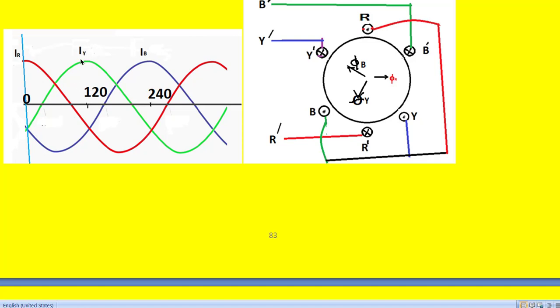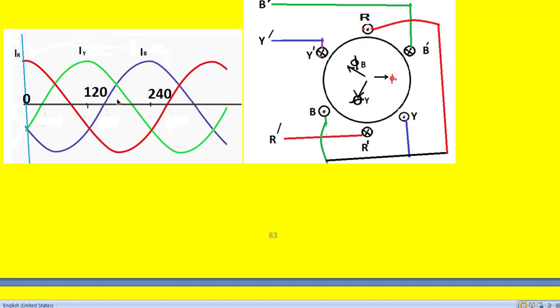The Y phase will reach its maximum only at 120 degrees from 0. That is, here it will reach the maximum value of current for the Y phase. Similarly, the B phase reaches its maximum value at 240 degrees with respect to the R phase. So that is, here it reaches its maximum value.